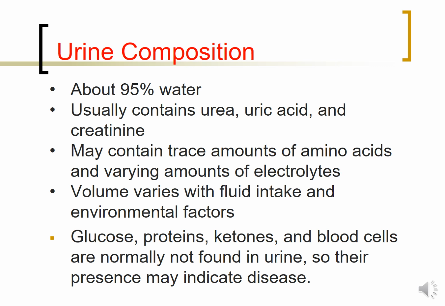Having a huge steak for dinner or another high protein meal may cause the presence of some proteins in your urine. Ketone bodies are breakdown products of fat metabolism. If, for instance, you're on the keto diet, you may have ketone bodies, or ketones, in your urine. So that's why it says may indicate disease.